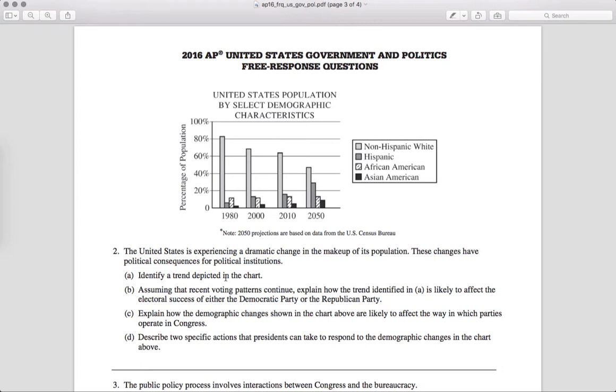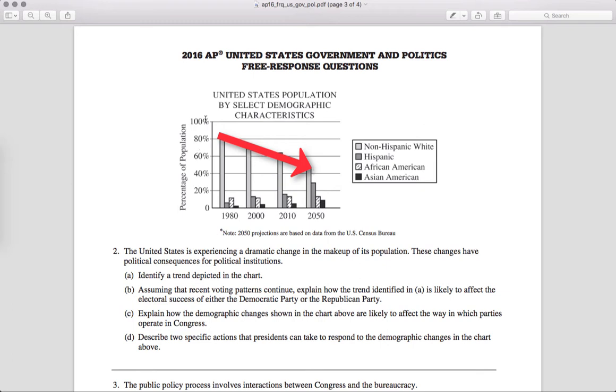Trend, change over time. If I kind of fuzz my eyes and just look at this graph a little bit, I see two things that pop out at me. The most obvious thing for me on the chart is that the non-Hispanic white bar is getting shorter throughout the duration of the chart. Okay, it's not a time for you to come up with some super clever, unique trend.